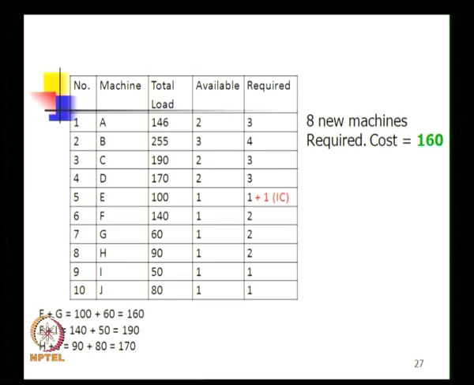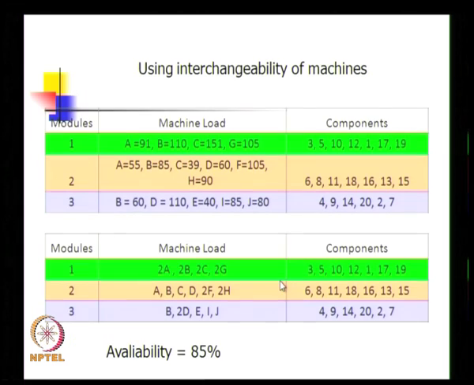So, we now translate this into this table and say that when we started the exercise, machines A to J were available. These are the loads on the machines A to J. This is the original availability of these machines. Now, this is the requirement based on our calculation. For example, A is 2 plus 1, 3 of A is required.